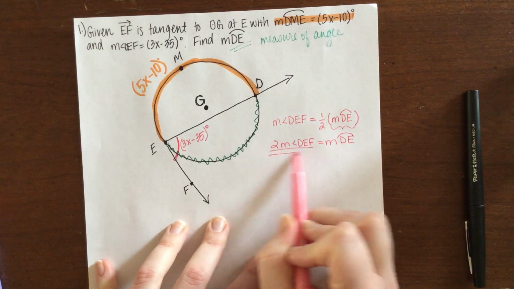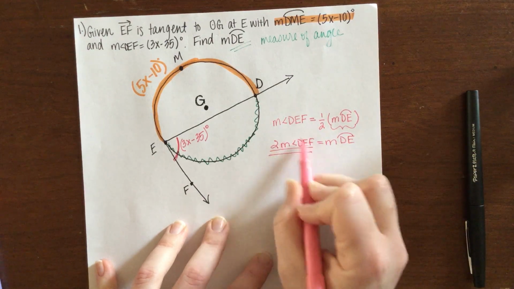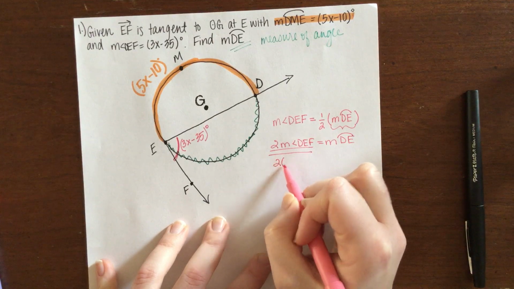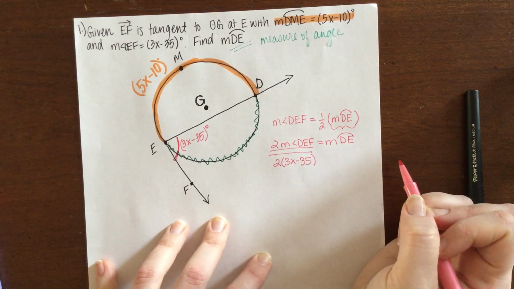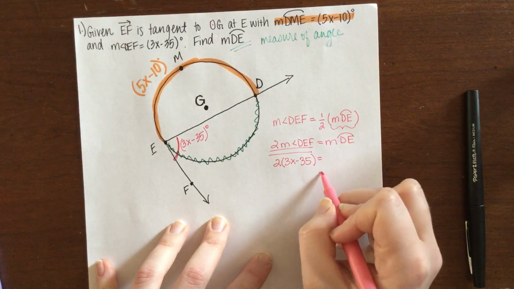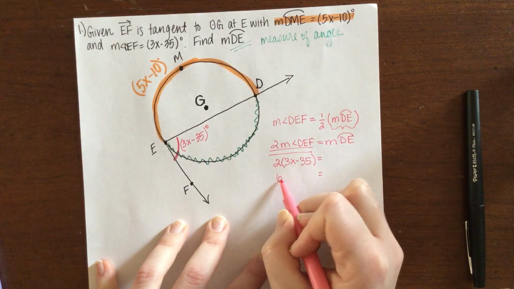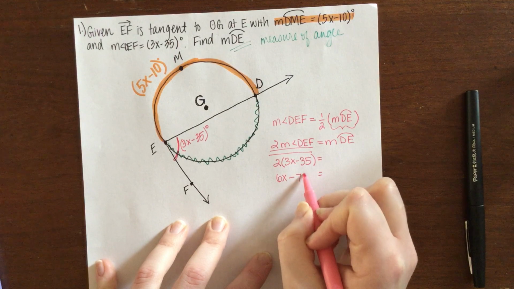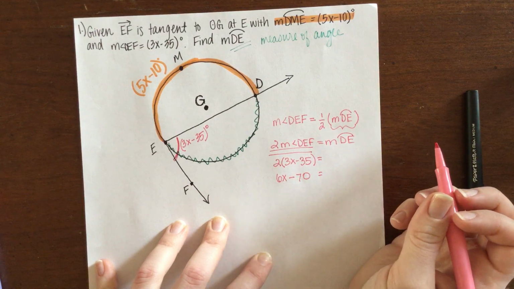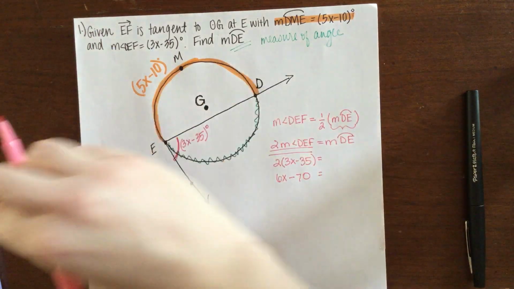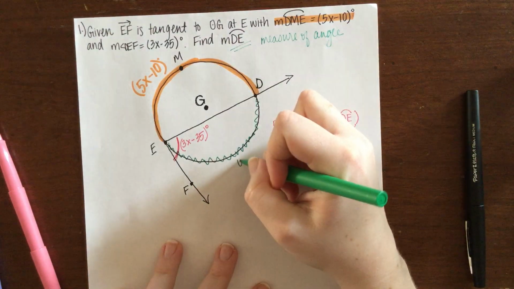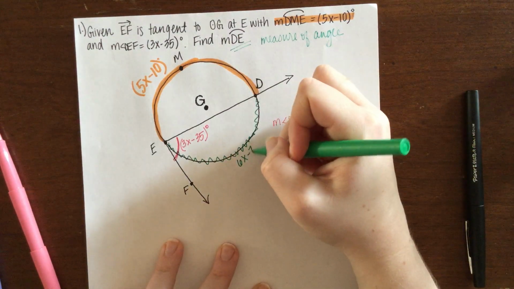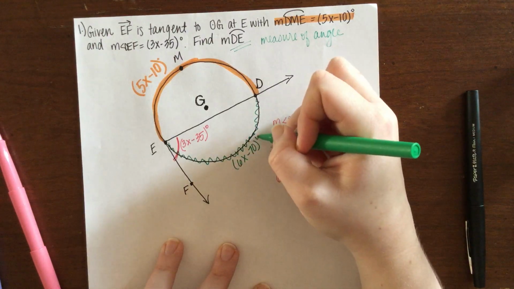So I'm going to take this, and we know the measure of angle DEF is 3x minus 35. If I simplify that further, it's 6x minus 70, which means DE arc measure is 6x minus 70 degrees.